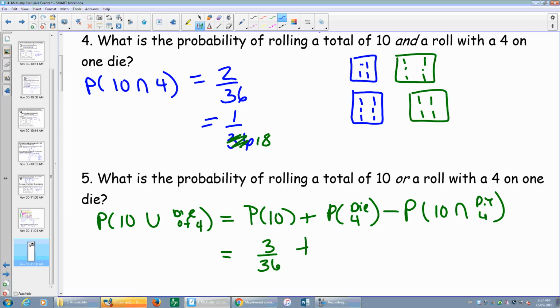Okay, so let me read this again. What is the probability of rolling a total of 10 or a roll with a 4 on one of the die? So all I'm looking at is the probability of having a 4 on one of the die, which would be what?